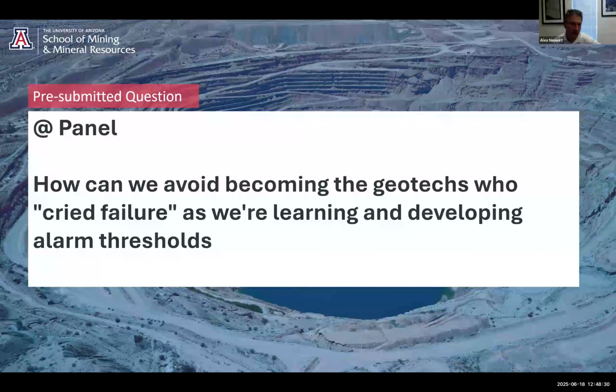I'm going to suggest that the statement actually provides the answer. So you ask, how can we avoid becoming the geotechs who cried wolf as we're learning and developing? I think it's self-explanatory. It must be a process of learning and developing.